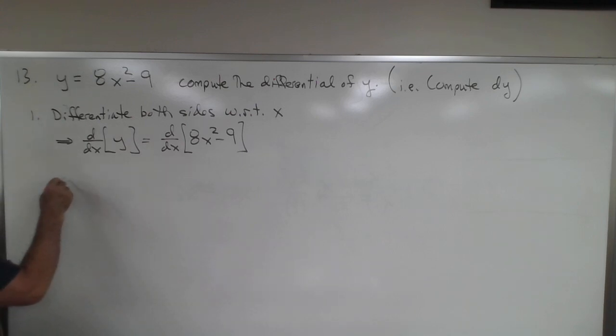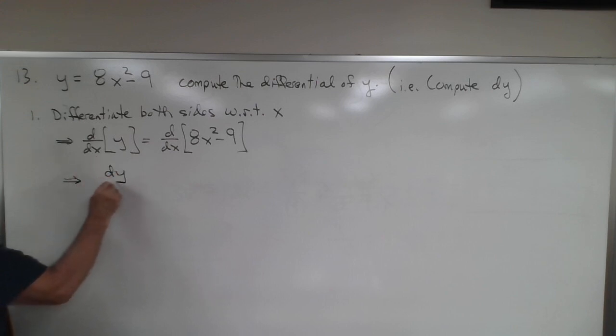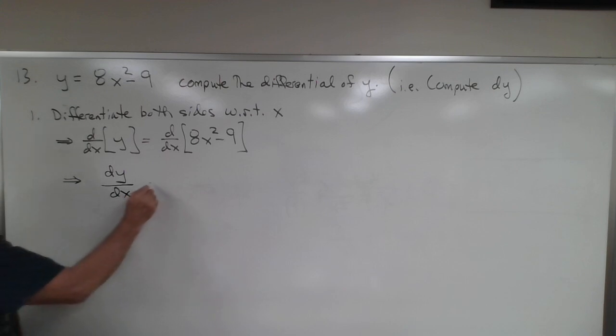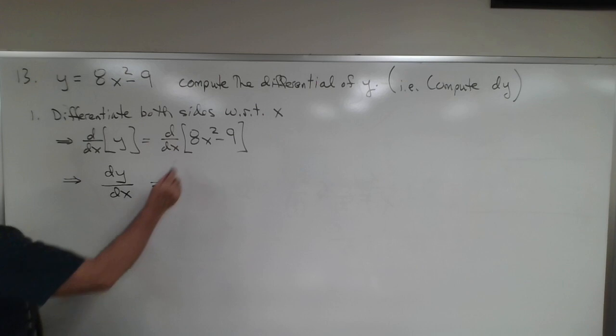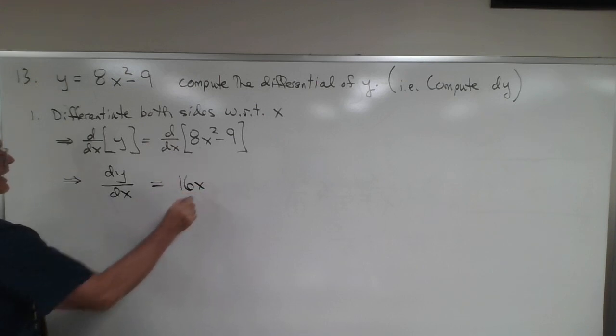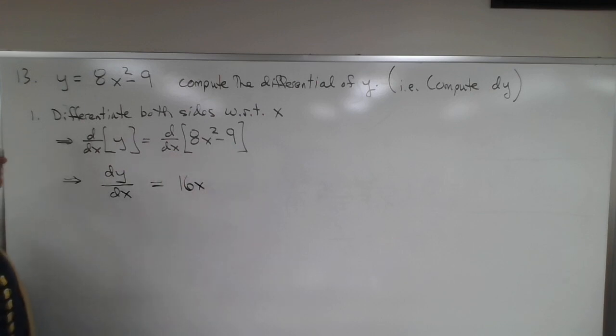Okay, let's see. The derivative of y with respect to x, well, son of a gun, it's just dy dx. And the derivative with respect to x of 8x squared is just 16x. The derivative of 9 is 0. It's a constant. First step accomplished.